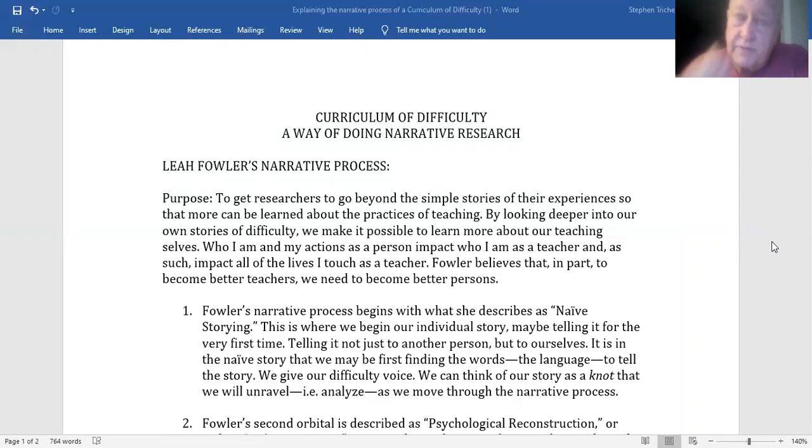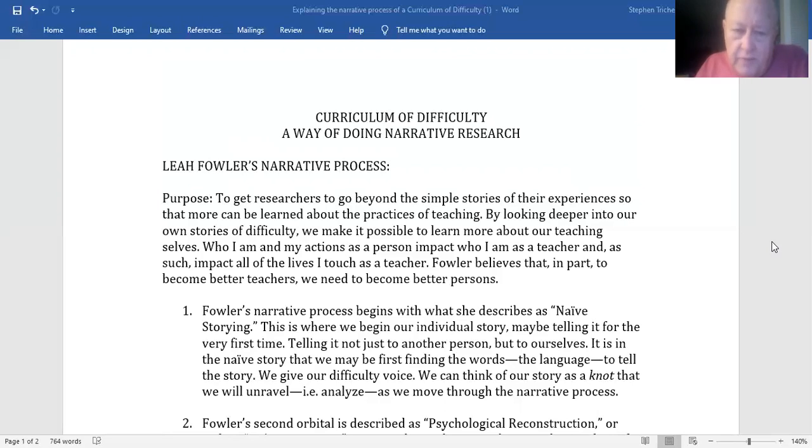Even in my dissertation, which is now a book, my personal narrative component was in my introduction, leading to my look at historical evidence about curriculum. And so what Fowler was looking for was a sort of method, if you will, a process to look deeper into her own difficulties, and thereby helping us look deeper into our stories of difficulty.